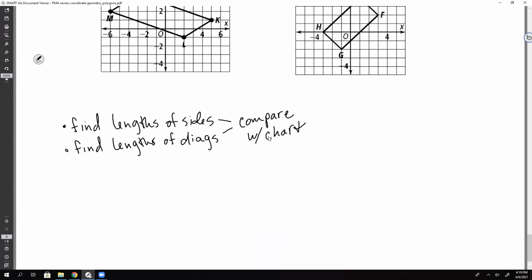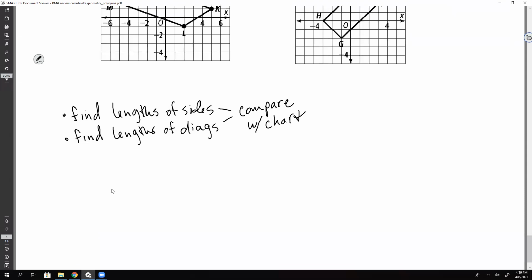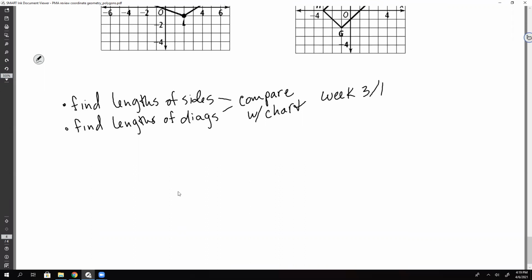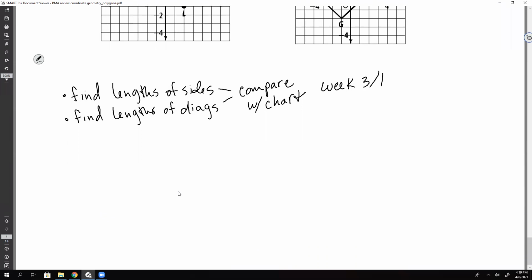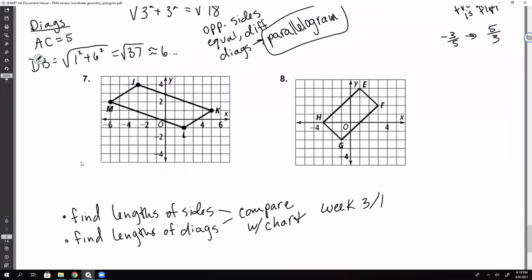This was back at the beginning of March. Yeah, it's in the week 3-1 stuff. Or you can use the slope and the midpoint and stuff like that.